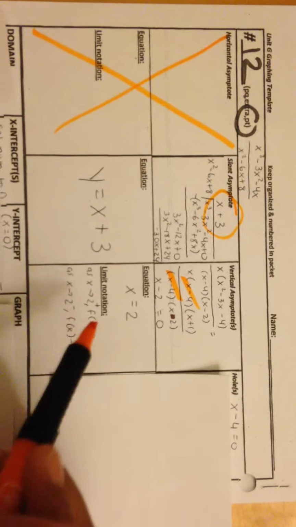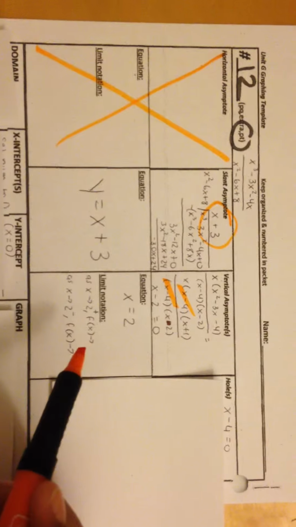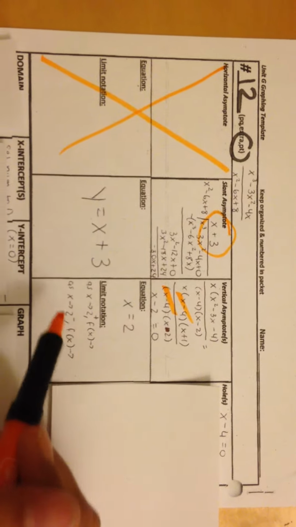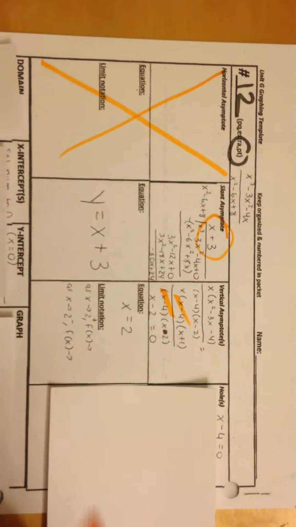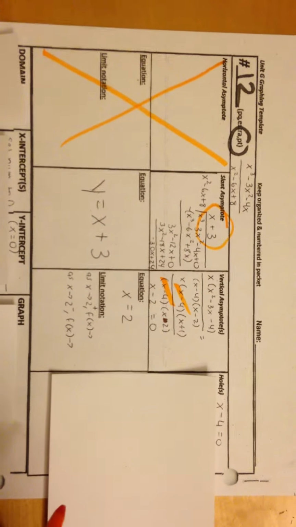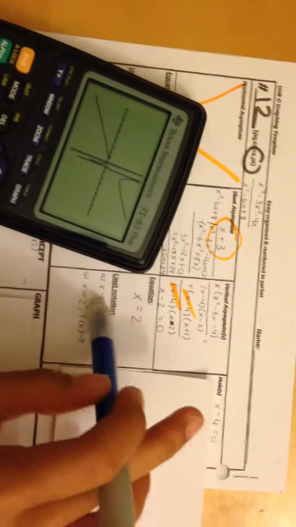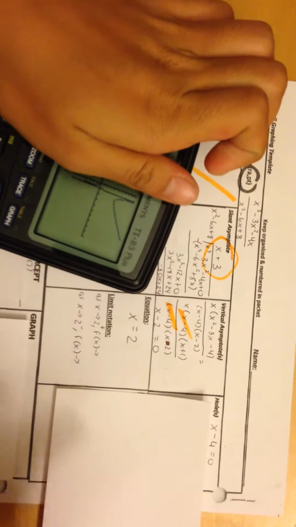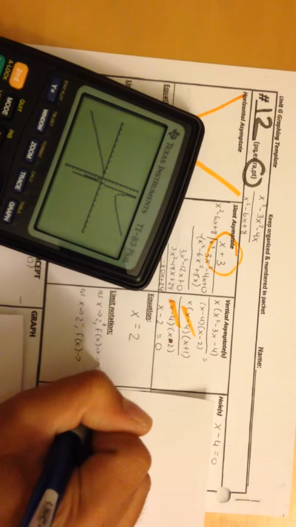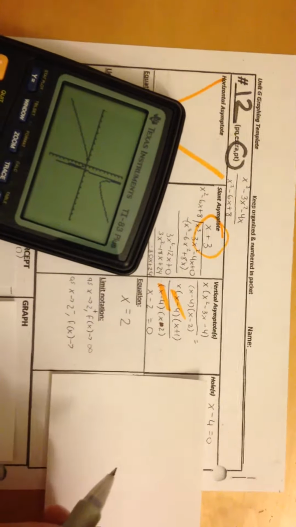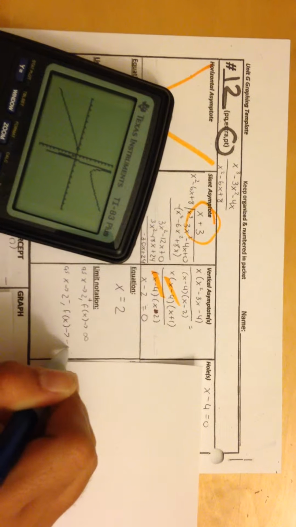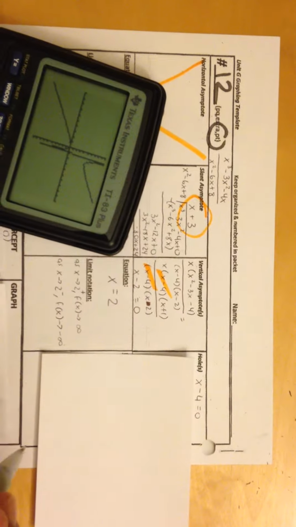As x approaches 2 from the left, f of x approaches so and so. And we can see here that when we approach 2 from the right, the graph goes up, so we put an infinity sign. And as we approach 2 from the left, we go down, so the graph is negative infinity.